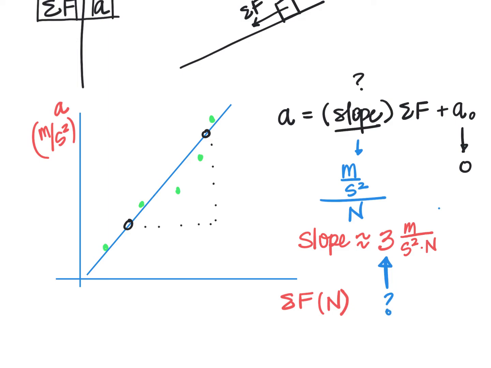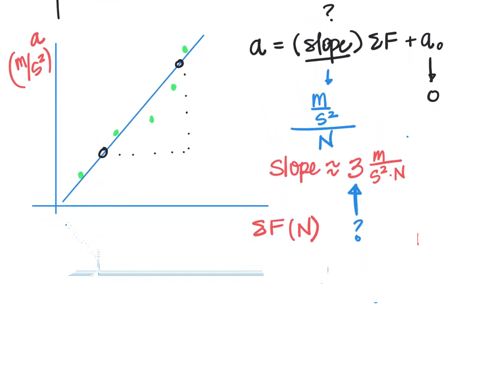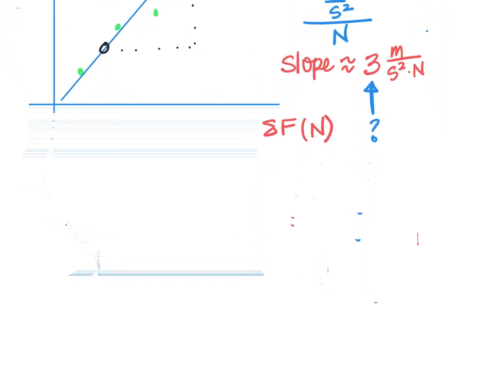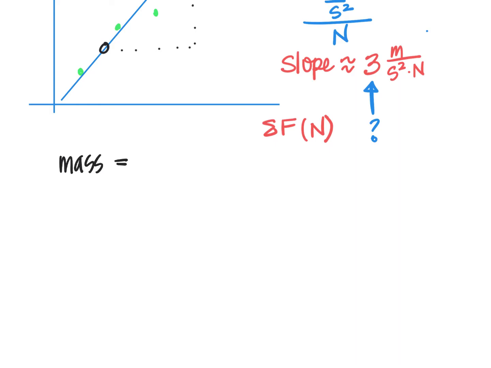Again, the slope is constant, and the slope should represent something that was constant about our experiment. So the thing that you kept constant, that you did not change at all, was the mass of the cart. So the mass of the cart was something that was constant in your experiment.